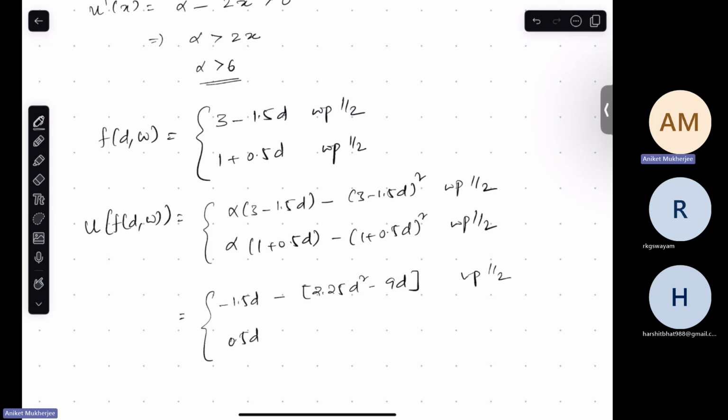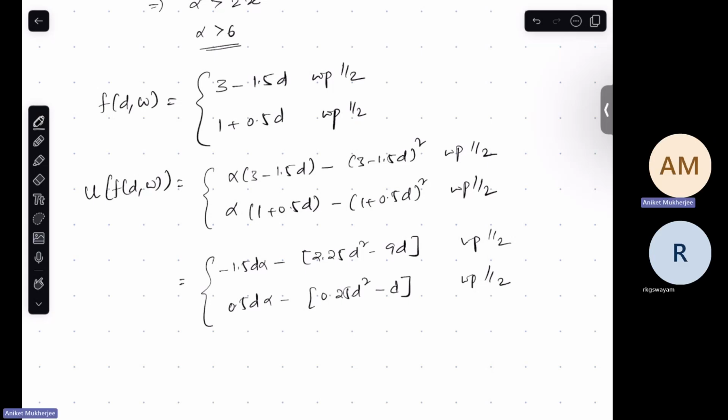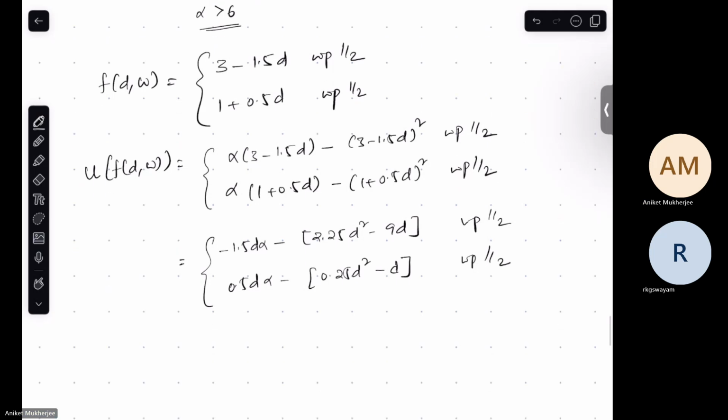And the second one is: alpha times 1 plus 0.5D, minus 0.25D square, minus D, with probability half.